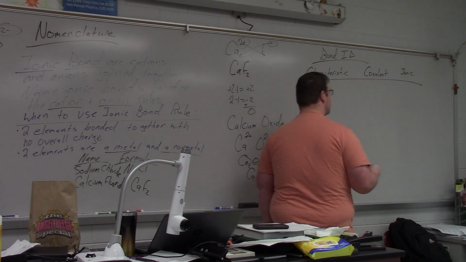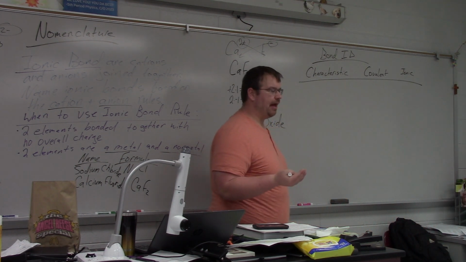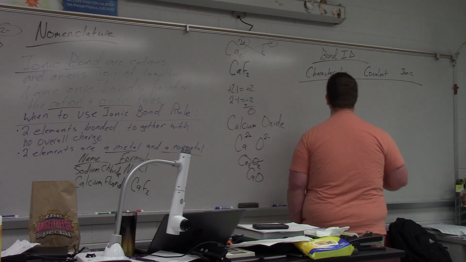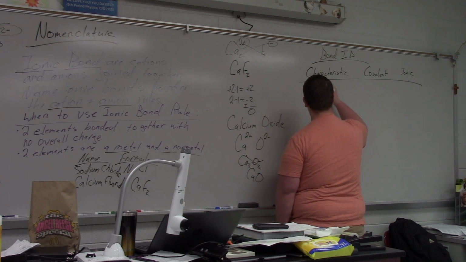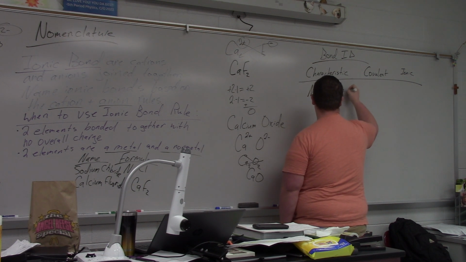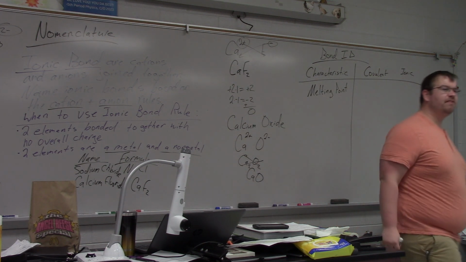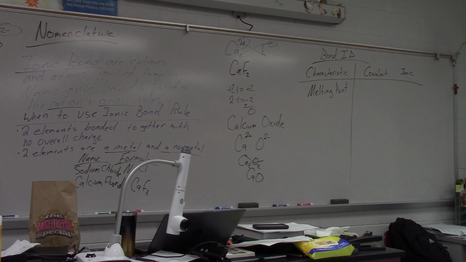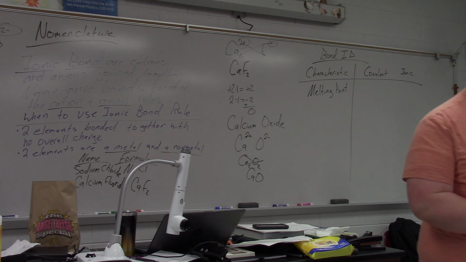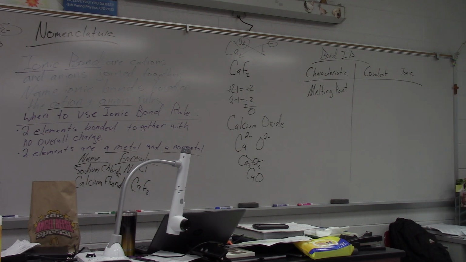Alright, so different characteristics you're going to look at, okay? One characteristic is melting point. Whenever we look at melting point, in the fume hood, I'm going to have a hot plate turned up high enough for you to make the determination. I have some aluminum weighing dishes, and you'll split the dish in half.